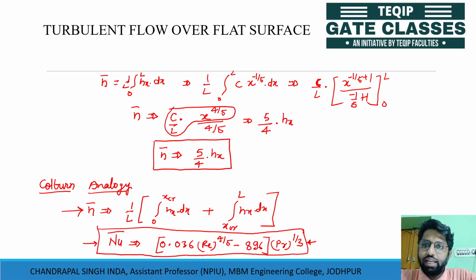But for the GATE exam, in most of the questions, the relationship between these three dimensionless numbers is already given. So by using the empirical relation given in the question, we have to find the value as the question has asked. So let's look at the variation of the convective heat transfer coefficient with the length of the plate.